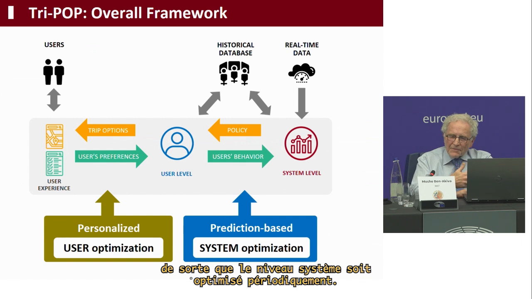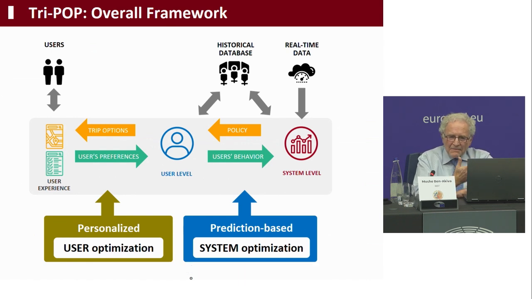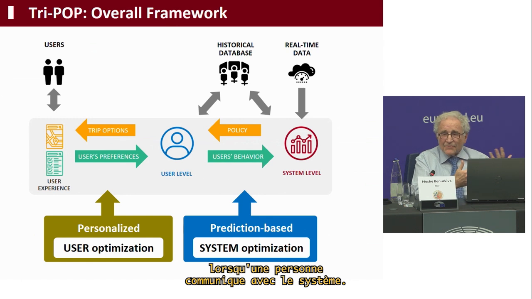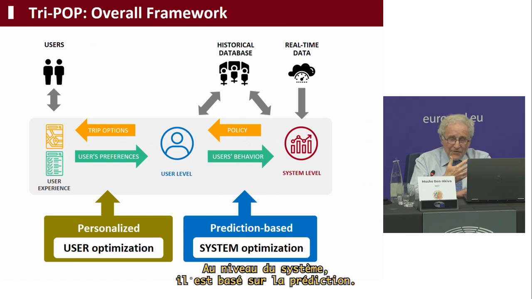So the system level is optimized periodically, and the user level optimization is relevant when an individual is communicating with the system. The optimization at the system level is prediction-based.